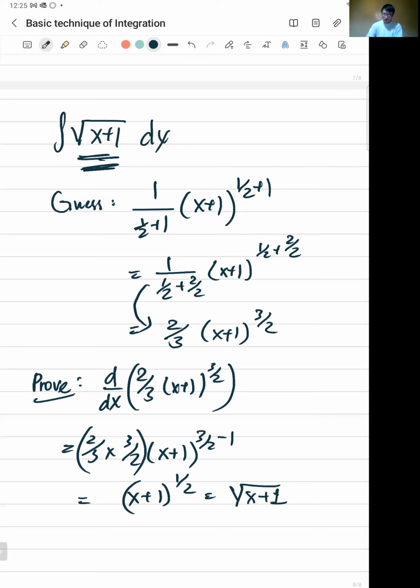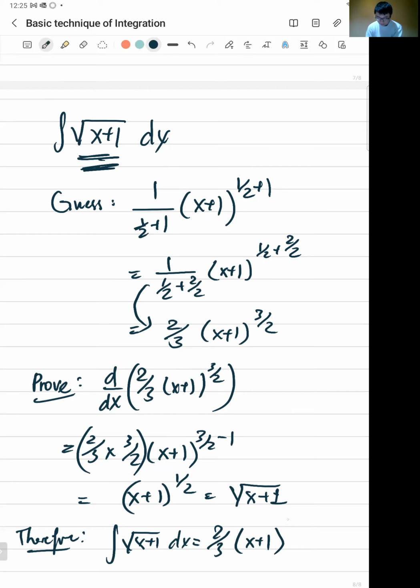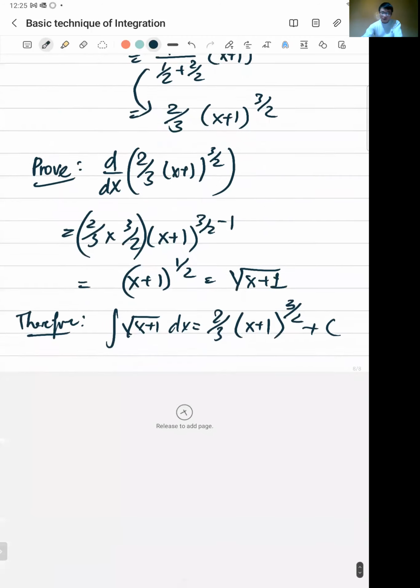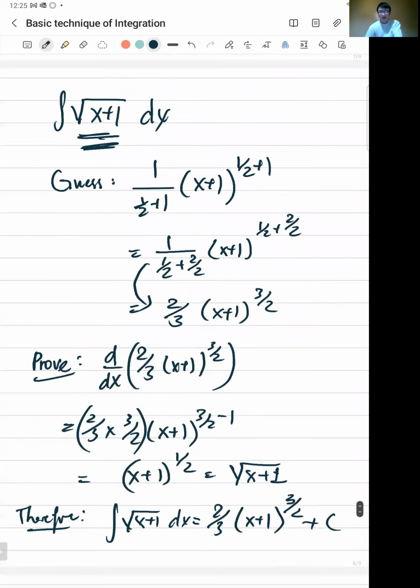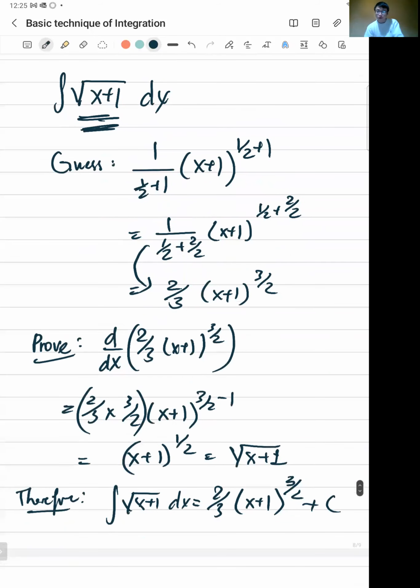So in the end, I'm just saying, therefore, integrating this one is equal to 2 over 3 times x plus 1, power 3 over 2, plus c. So this is a technical guessing. Basically, I'm trying to guess an equation, and I will prove that it works.